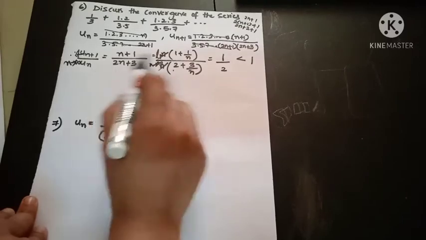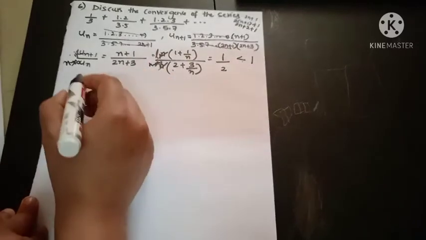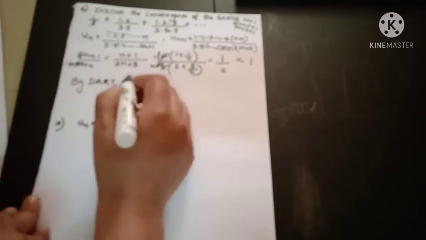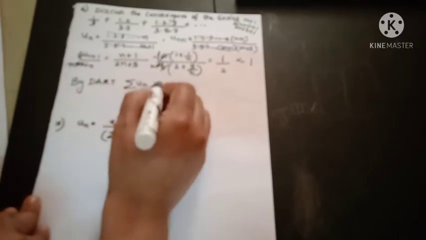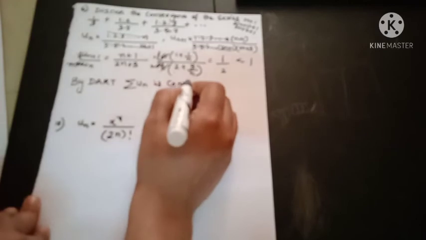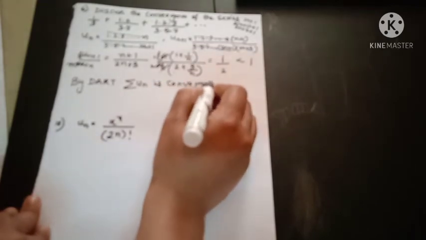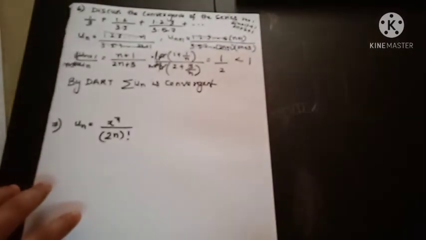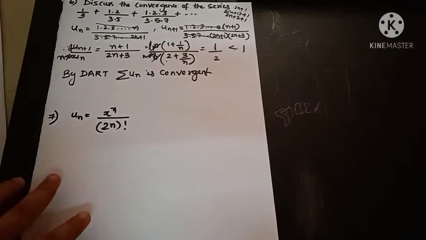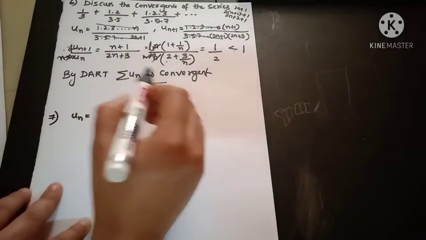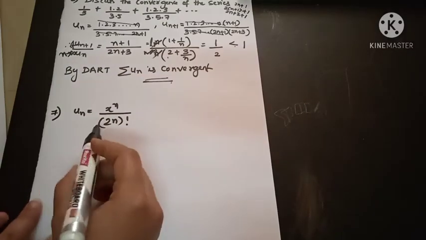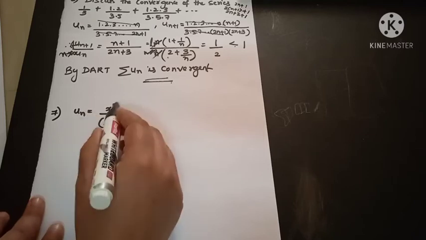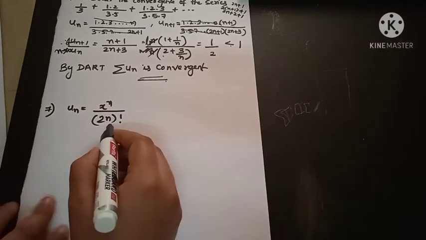If the limit value of this ratio is less than 1, then by D'Alembert's ratio test, the given series is convergent. Seventh problem: u(n) is x to the power of n by 2n factorial.